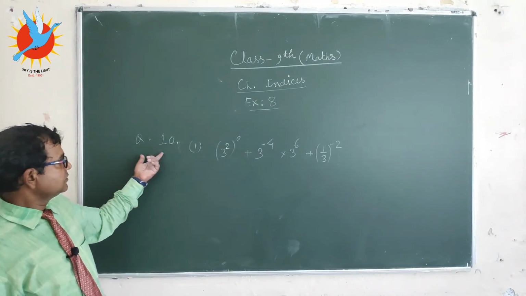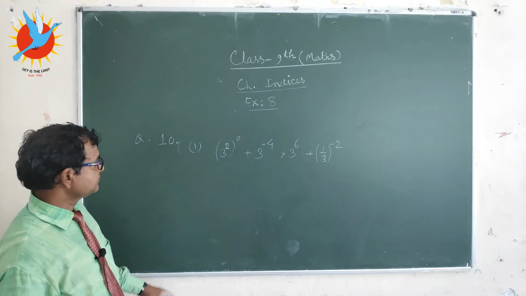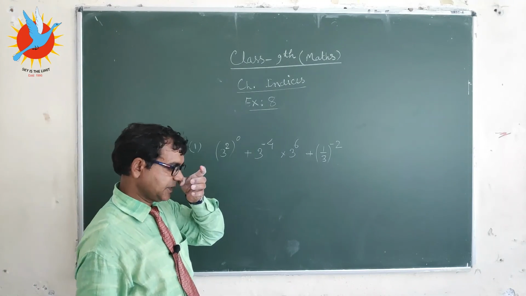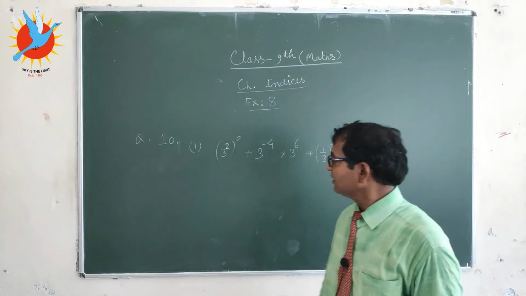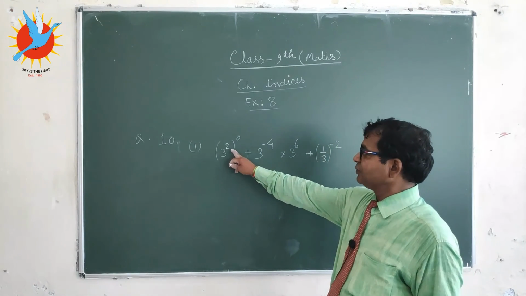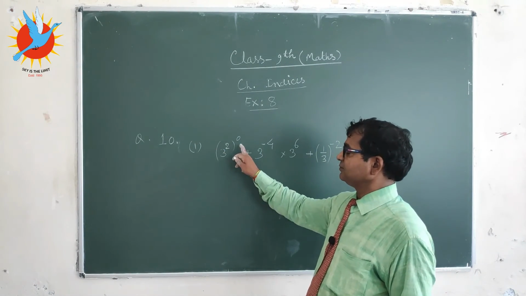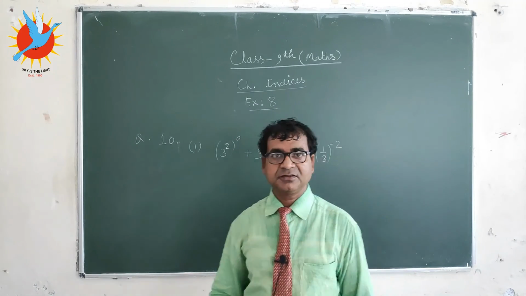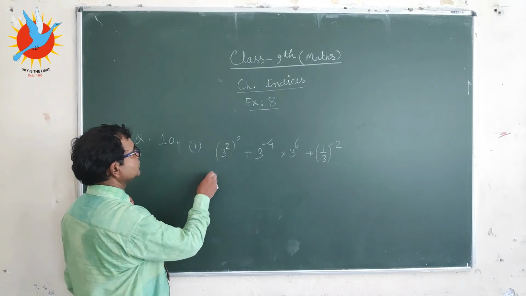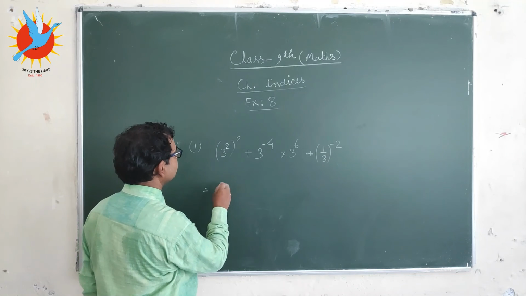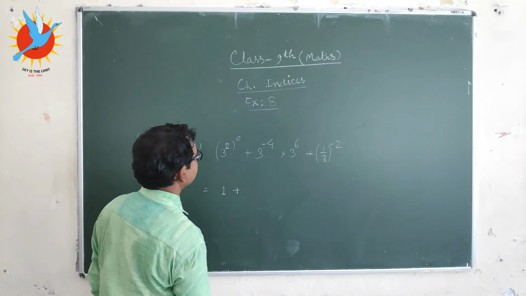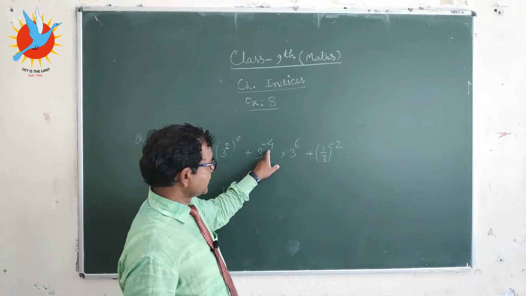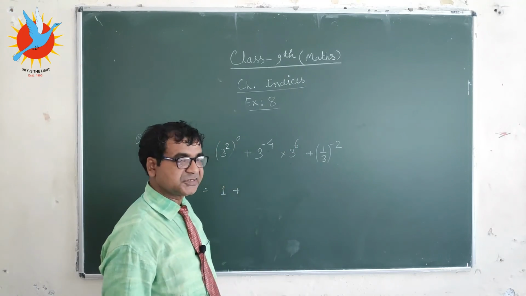Okay student, now we have to do question number 10. I have taken its first part. This is 3 to the power 2 to the power 0, and power 0 equals 1. Therefore this will become 1 plus 3 to the power minus 4 and 3 to the power 6.